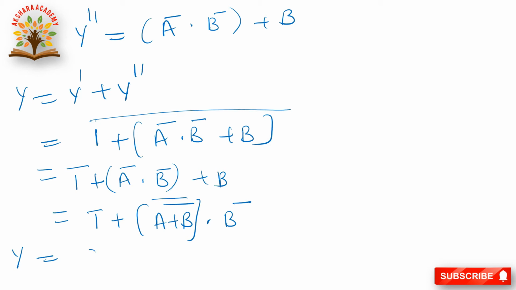Output Y is equal to 1 bar plus A plus B dot B bar.